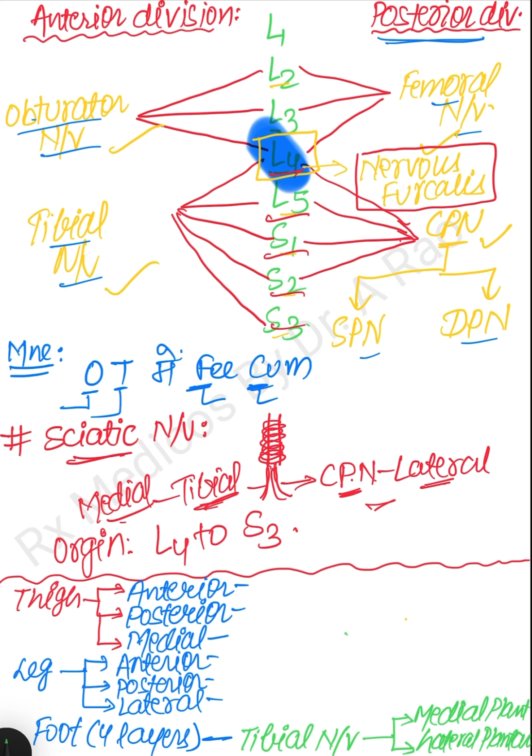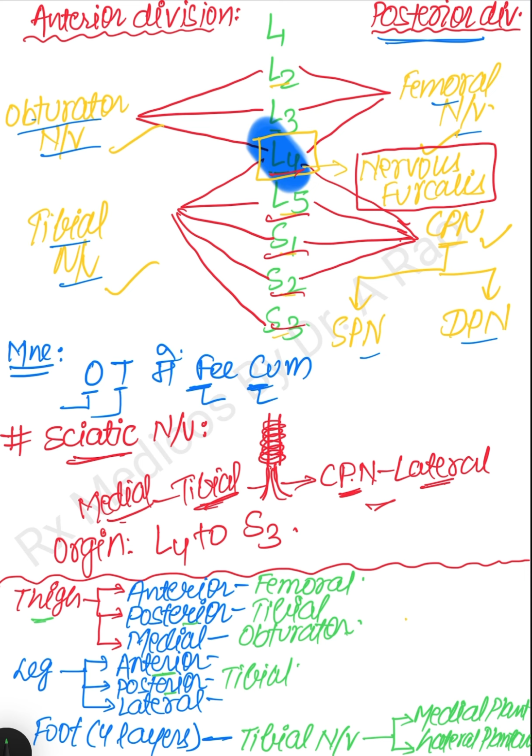Okay, now we are going to discuss the nerve supply of the compartments. The anterior compartment of the thigh is supplied by the femoral nerve. The posterior compartment, whether of the thigh or the leg, is supplied by the tibial nerve. And the medial compartment of the thigh is supplied by the obturator nerve.